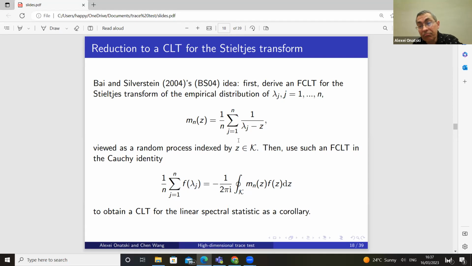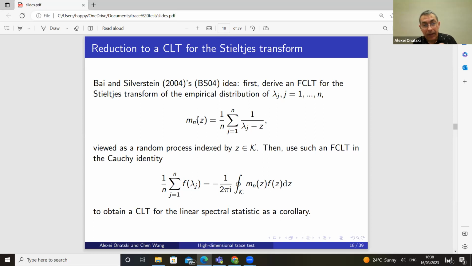So this is called the Stieltjes transform of the empirical distribution of eigenvalues. Now, this is a function. So I will be looking at the behavior of this function along some contour in the complex plane, which encircles the support of the Wachter distribution. So I will derive basically a functional central limit theorem for this function.